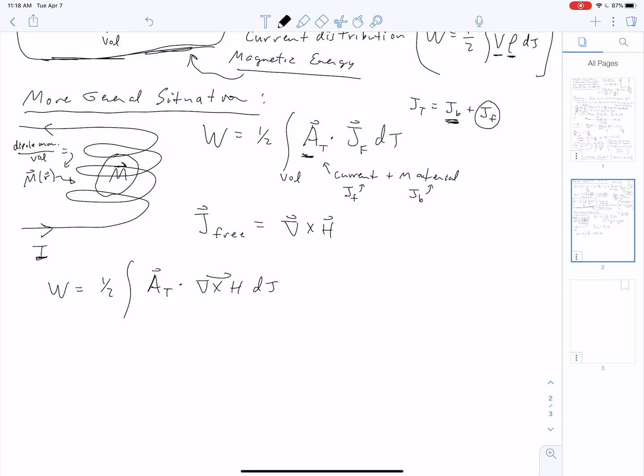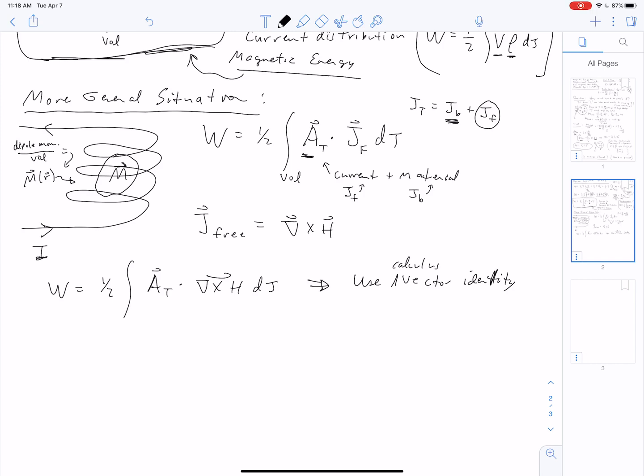And so what we want to do now is massage this into a more convenient form, and to do that we're going to use a vector identity. This is one of those calculus identities that you find on the cover of your book, that you have hopefully derived in some previous class, maybe even this class for the homework.